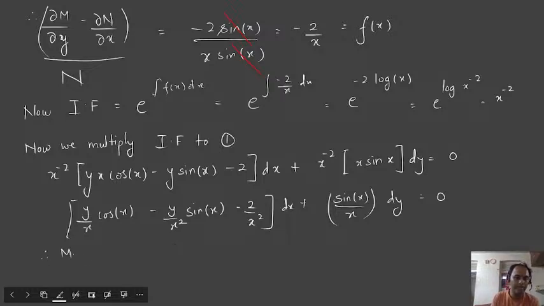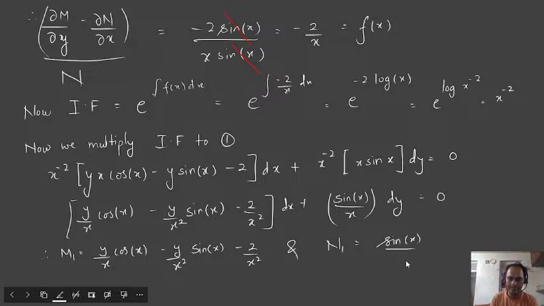Therefore M1 is y over x cos x minus y over x square sin x minus 2 over x square, and N1 is sin x over x.